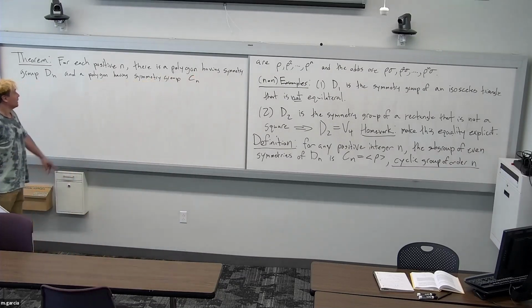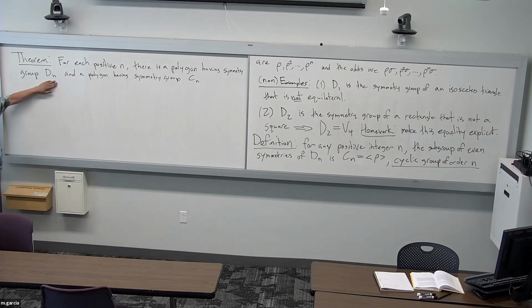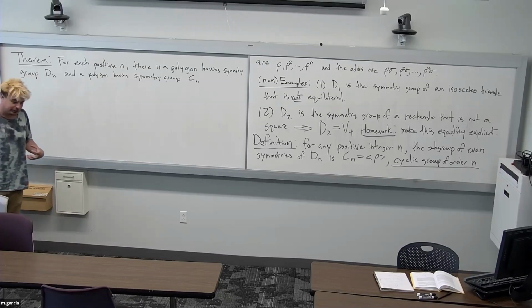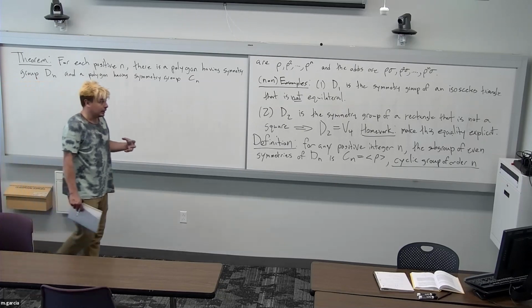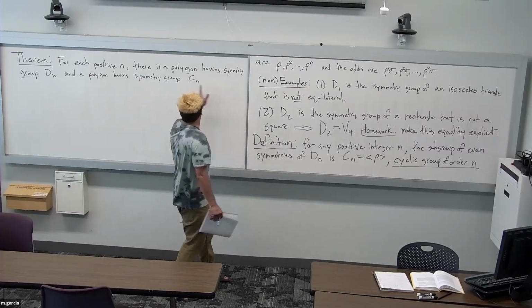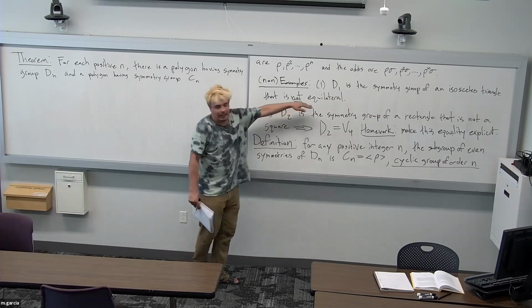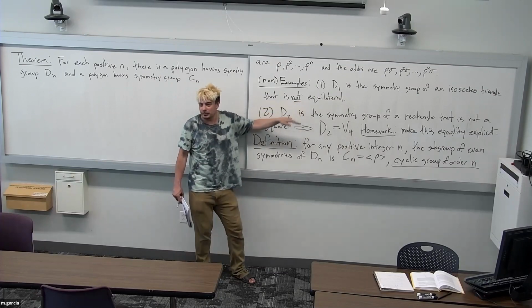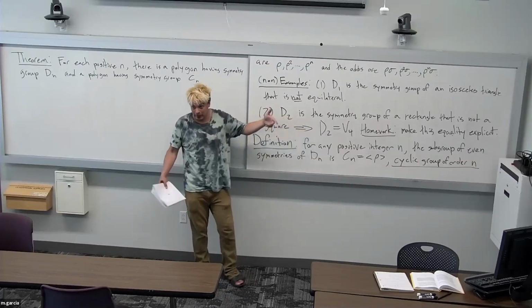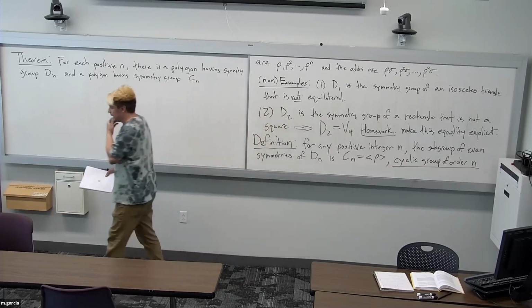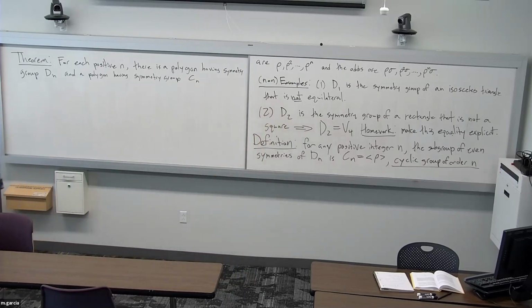This is by definition, right? That's how I defined the dihedral group for n greater than 2. It is the group of symmetries of a regular n-gon. And because I said positive n, I already told you for D2 and D1 what the polygons are. So let's talk about the polygons that have cyclic groups as their groups of symmetry.